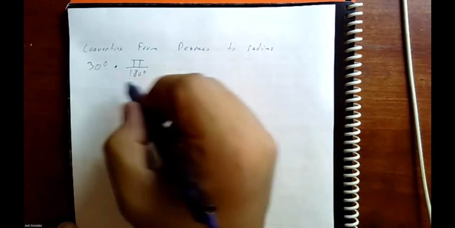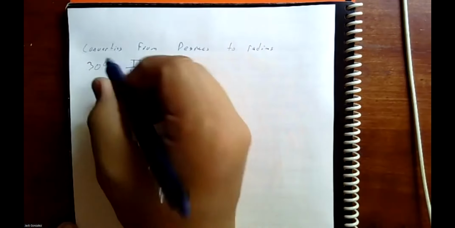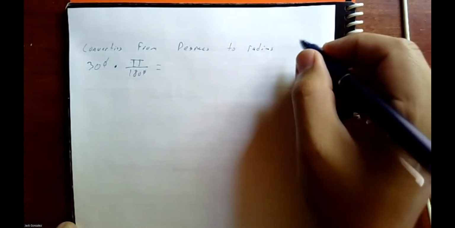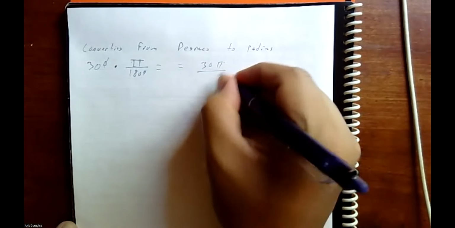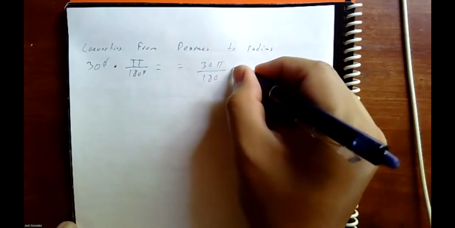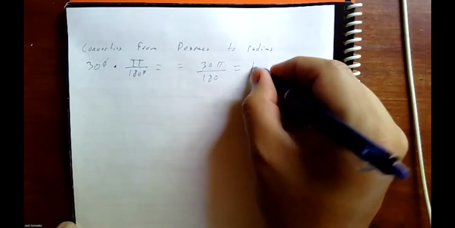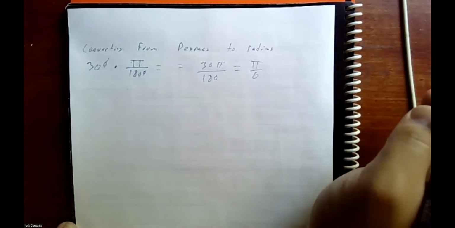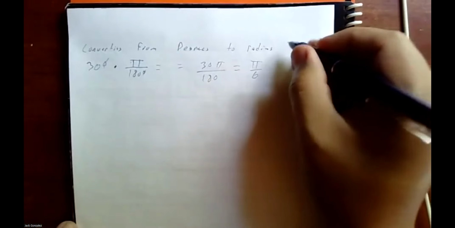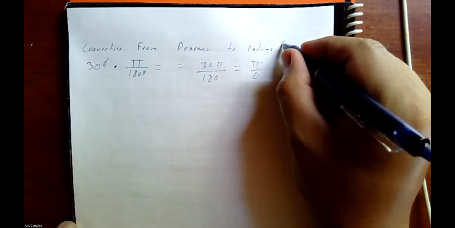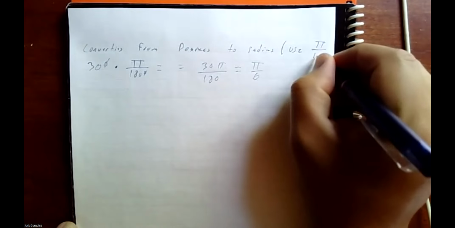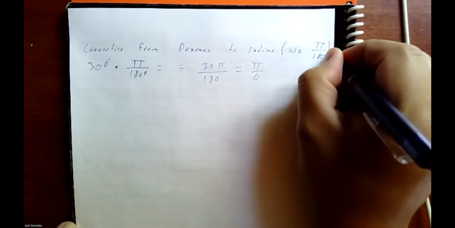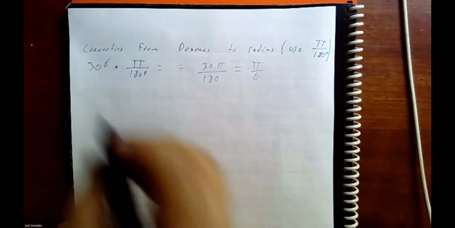So you put the degrees on the bottom if you want to cancel degrees. You end up with 30 pi over 180, which reduces to pi over 6. So multiply by this factor here, and you get from degrees to radians.